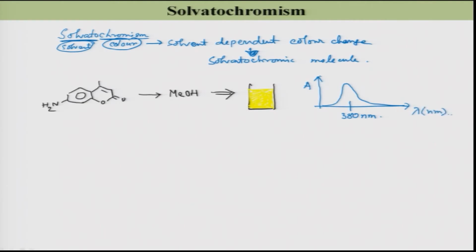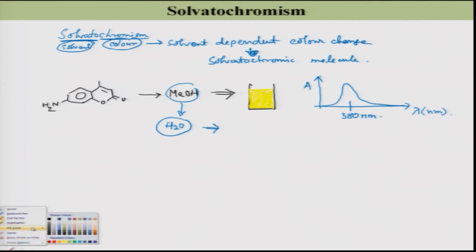So, now if you change the solvent from methanol to some other solvent, let us say you change from methanol to water, and you see a small change in the coloration, but there is a change. So, the color changes from bright yellow to some dark yellow, something like this.